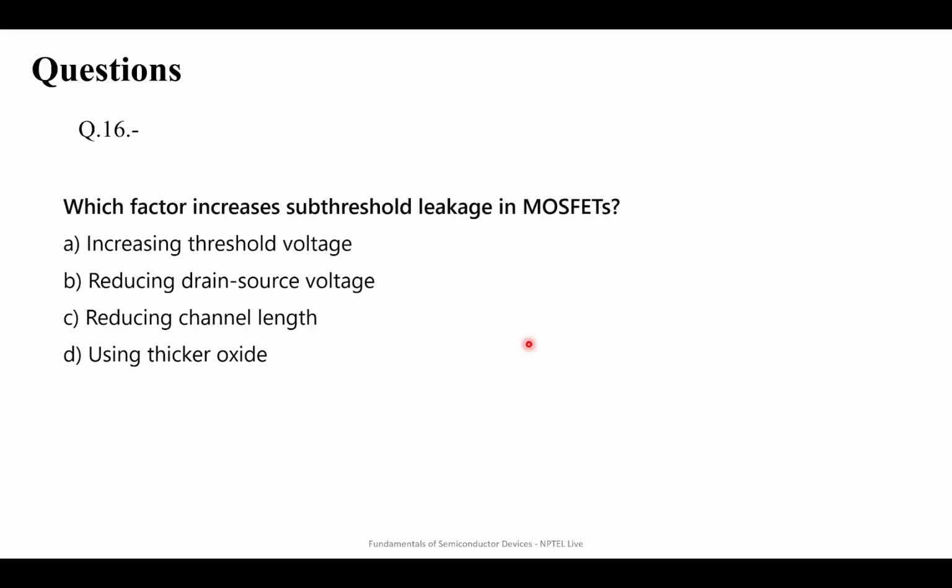And which factor increases subthreshold leakage in MOSFETs? Increasing threshold voltage, reducing drain source voltage, reducing channel length, using thicker oxide.